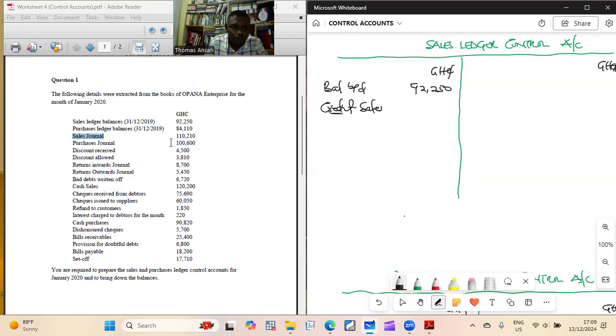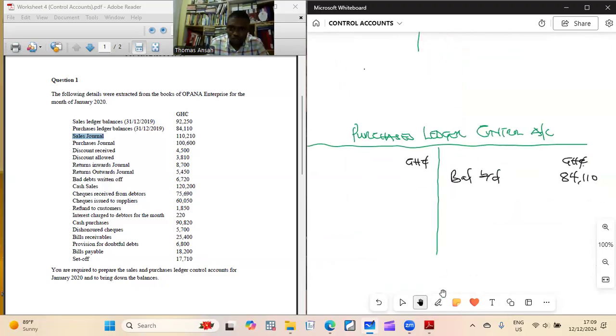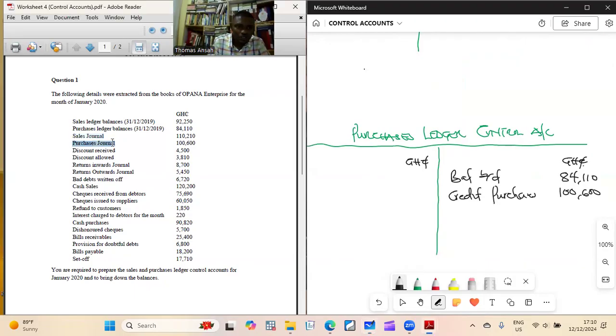All right. So now, sales journal, we have 110,210. Purchases journal, obviously. So if you understand what you are doing, you will know that it is very easy. You are just putting in the figures. That is 100,600. So that is that.